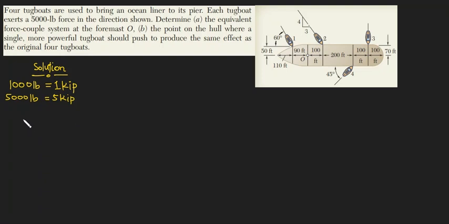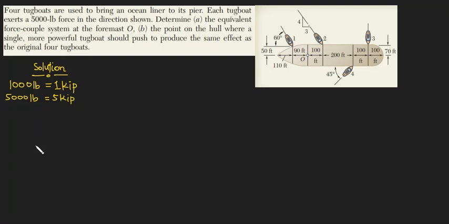So you're going to start by calculating the resultant force, or the total force acting at point O. To do this, you must find the components of each of the forces acting on the ocean liner. So each tugboat is exerting the 5 kilo pounds force on the ship.